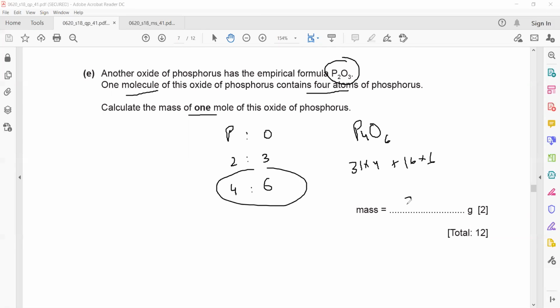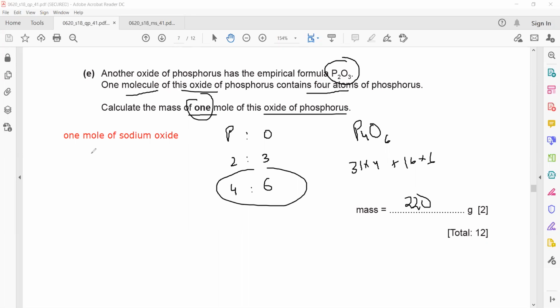The relative molecular mass is also the mass of 1 mole. Calculate the mass of 1 mole of this oxide of phosphorus. So relative molecular mass is also the mass of 1 mole. For example, if I ask what is the mass of 1 mole of sodium oxide, the mass of 1 mole means the molecular mass of sodium oxide.